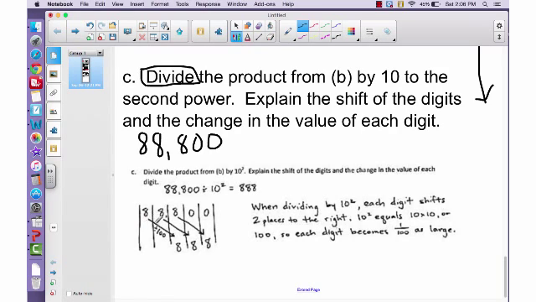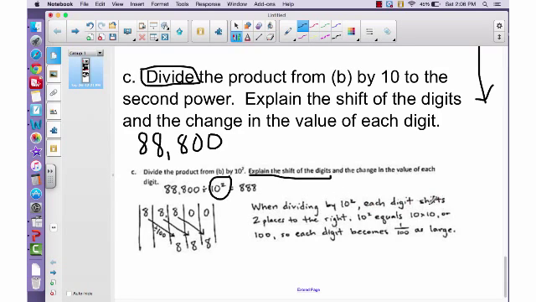It's getting 100 times smaller because 10 to the 2nd power has that exponent of 2. So they slid it over 2 place value spots in each digit, and they got 888.